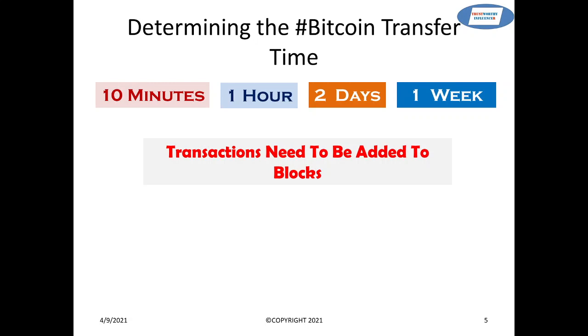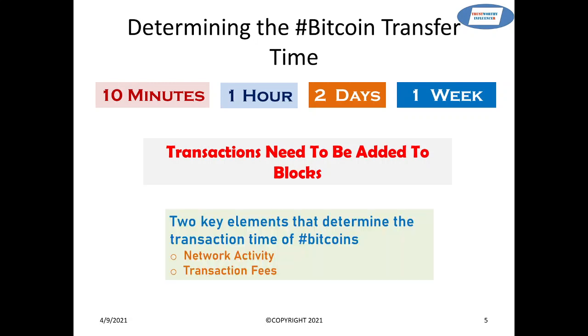Unless they are added to the block, the transaction is never complete. Now there are two elements that play a role in determining how long the transaction will take. There is something called network activity, which I think a lot of you would know, and there's something called a transaction fee. Now let's talk about these two individually.